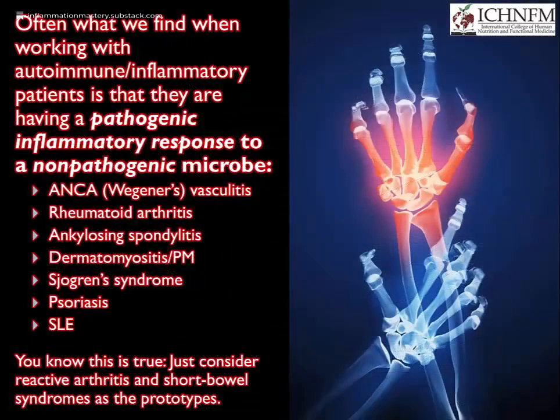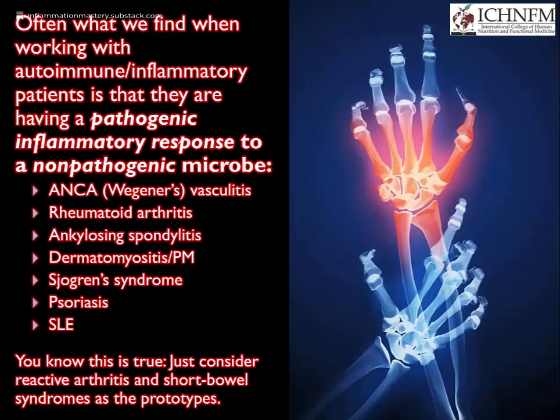As I've said before, often what we find when working with autoimmune and inflammatory patients is that they are having pathogenic inflammatory responses to non-pathogenic microbes. We see this in a variety of inflammatory and autoimmune conditions, and again, we want to extend our definition of dysbiosis-triggered disorders to look beyond the microbe. So first of all, we start with considering the microbe. We can kill off the bad ones, we can add more of the good ones.